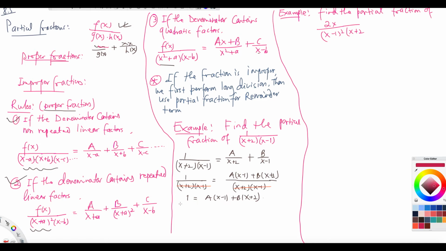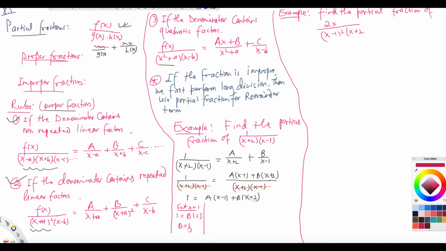Let me write down: set x equals 1. What do you get? 1 equals A times 0, that is 0, plus B times 3. Now divide by 3 on both sides, so you get B equals 1/3. I found the value of B as 1/3.